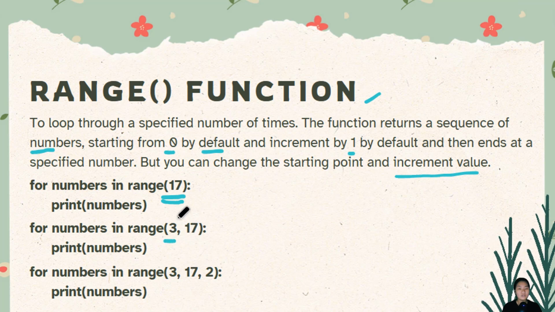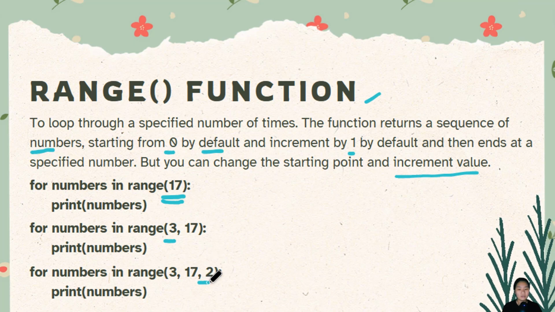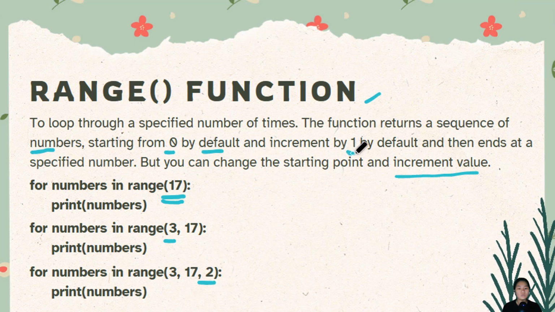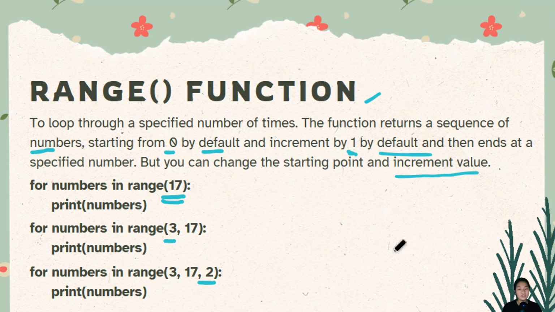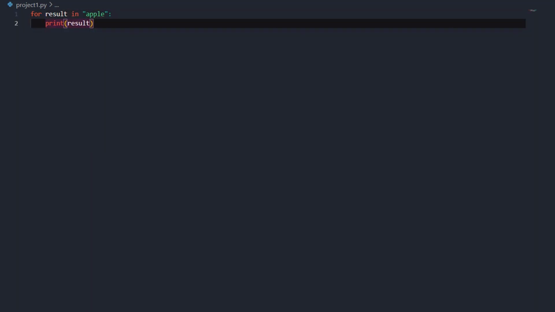So this starts at 3 instead of 0, so 3, 4, 5, and so on. And if you want to change the increment value, you add it behind here, after the last number, and this will increment by 2 as opposed to 1 by default, okay?